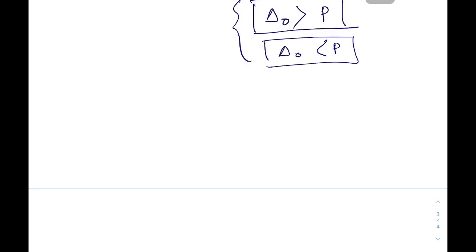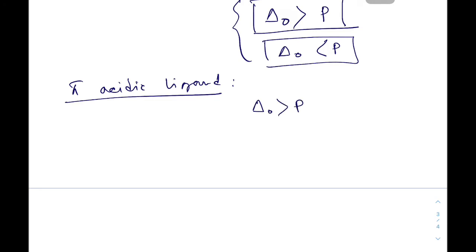Now come to the pi acidic ligand. Why do pi acidic ligands generally form low spin complexes? Pi acidic ligands can withdraw the metal d electrons and therefore reduce the electron-electron repulsion, and therefore it favors the condition del zero greater than pairing energy, because pairing energy decreases due to withdrawing the d electrons from the metal.